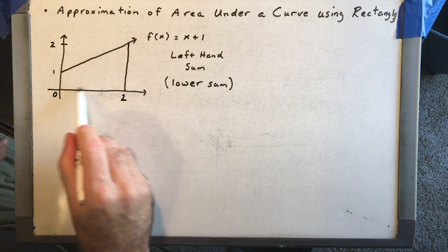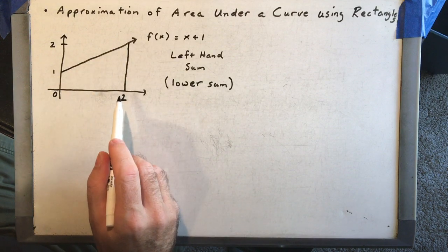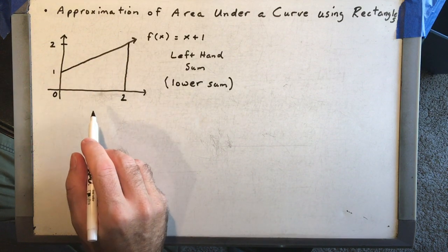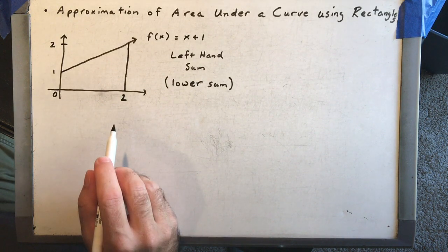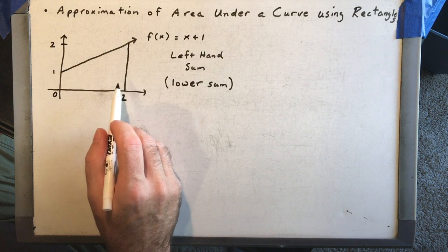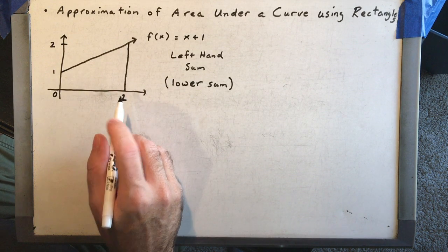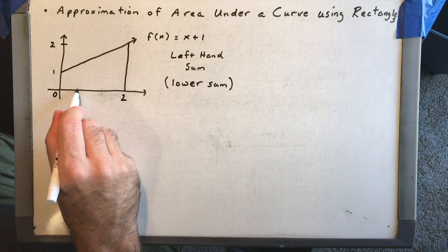So we want to find the area of this shape under the curve from 0 to 2. In our particular case, we're going to do this by dividing it up into 4 rectangles. In the homework, sometimes it'll tell you to do more rectangles, sometimes less. So I'm going to divide it up into 4 equal rectangles.